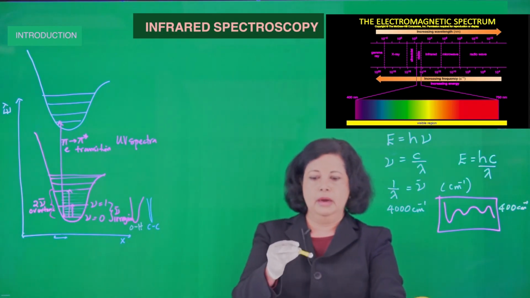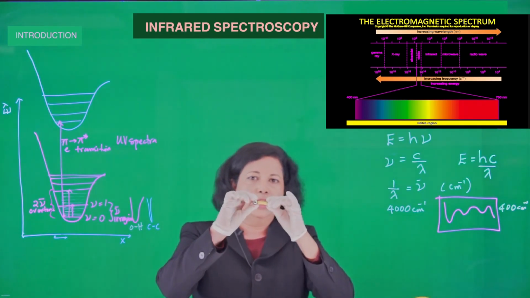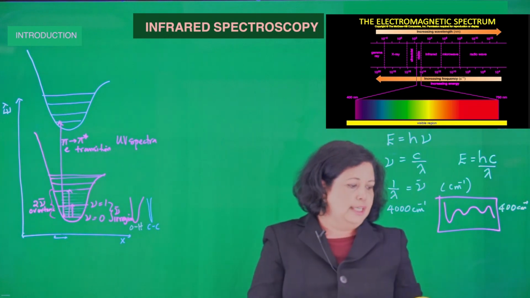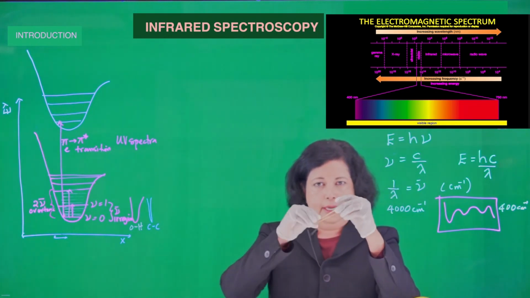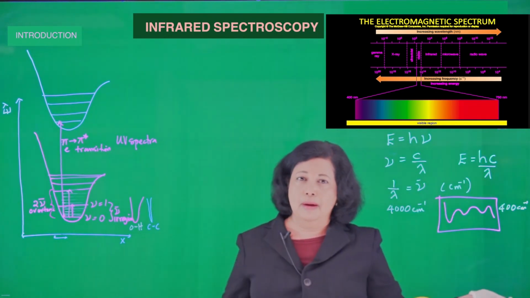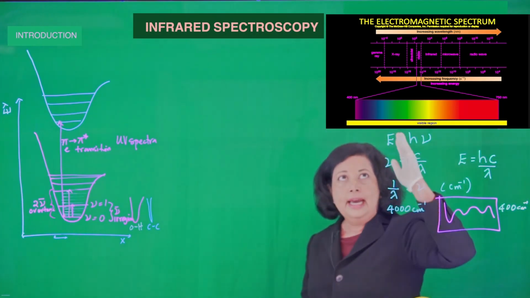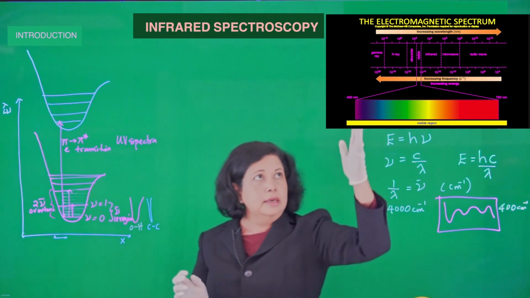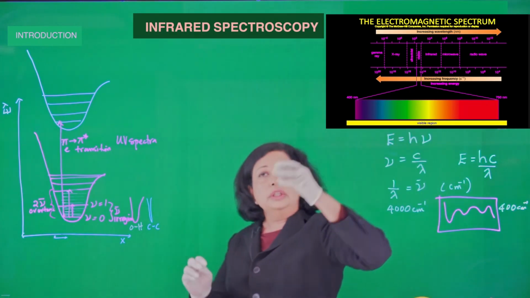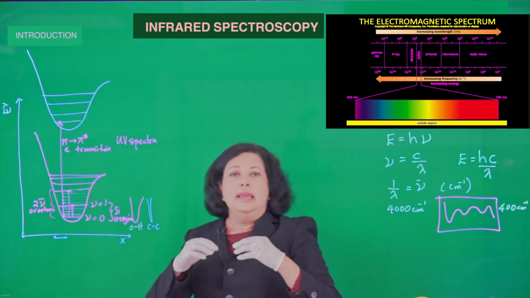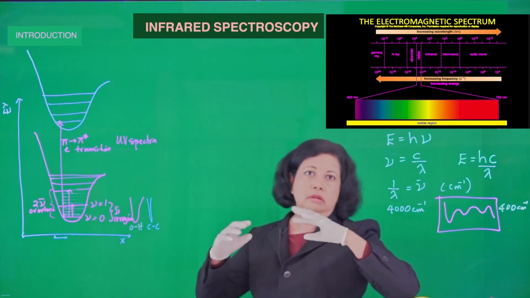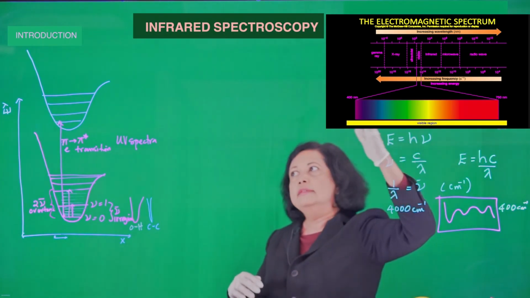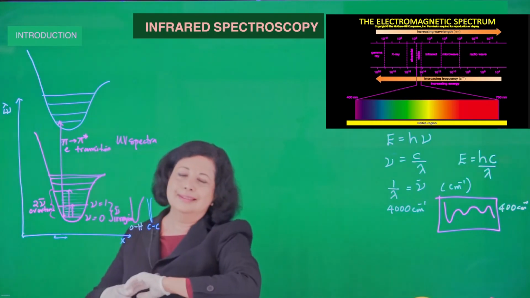Okay, so here's a bond, and you can have rotation, you can have stretching, and you can actually even break bonds. And that we are going to look at in mass spec where we're going to actually break bonds. So below that is just going to absorb radiation and either stretch or rotate or have electron transitions.